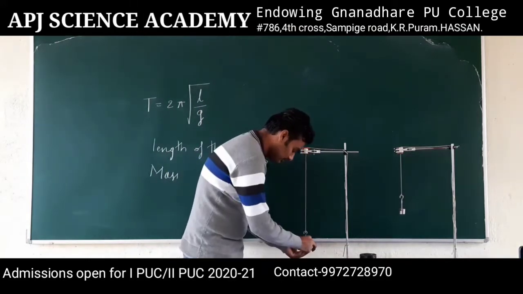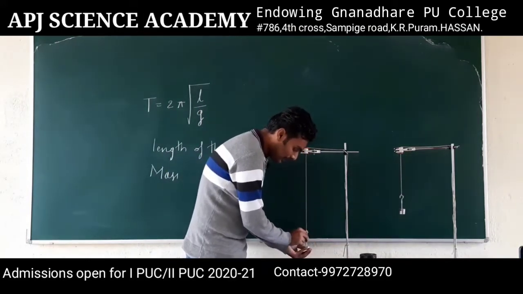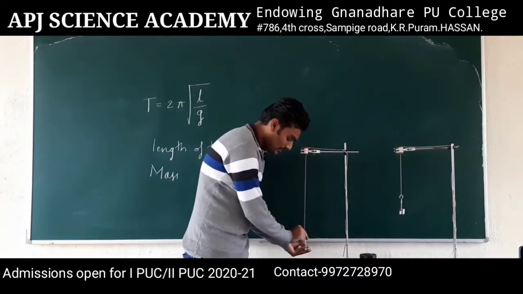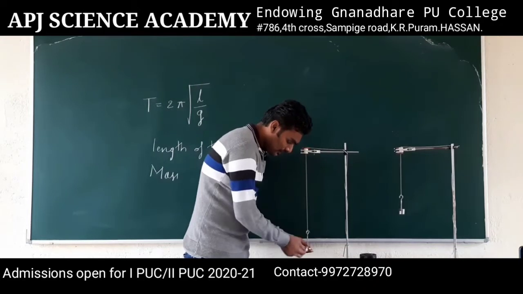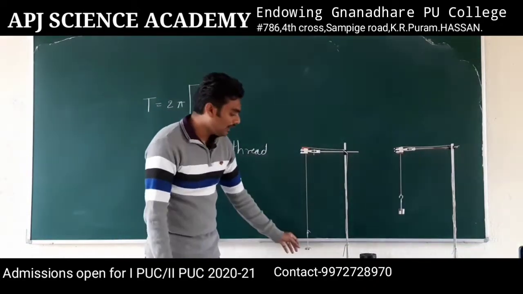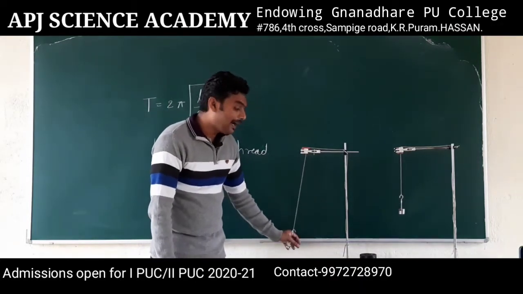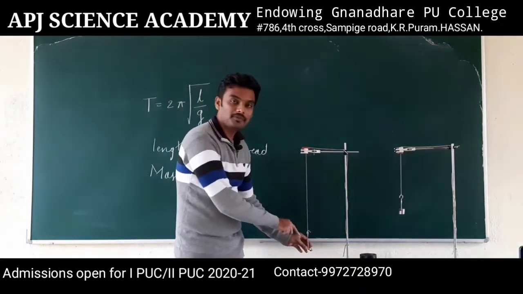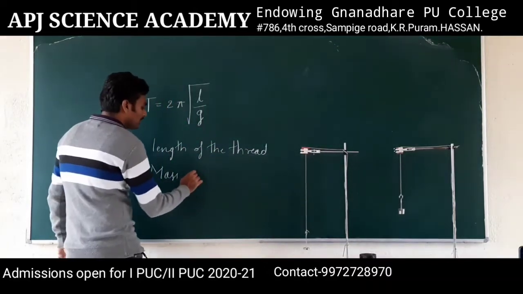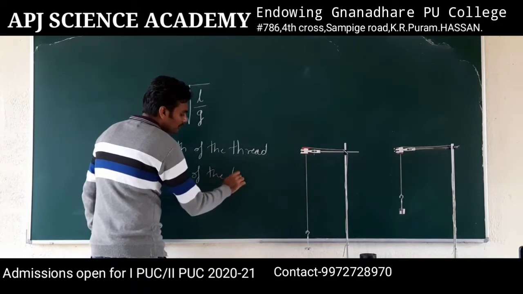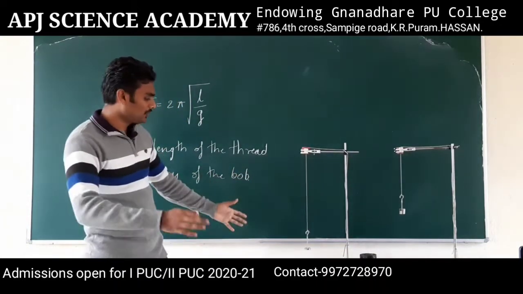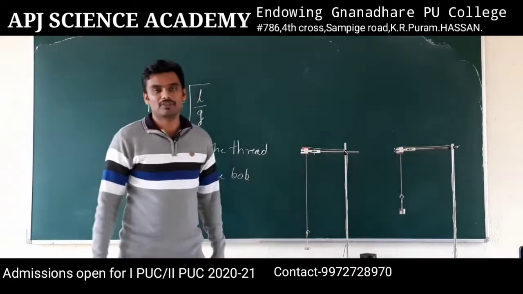Since it's a hanger, I can remove certain mass here, or add at the same time. So the mass of the bob might also affect the time period of oscillation.